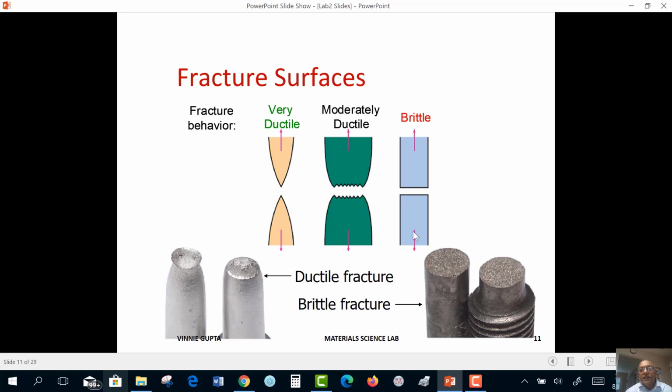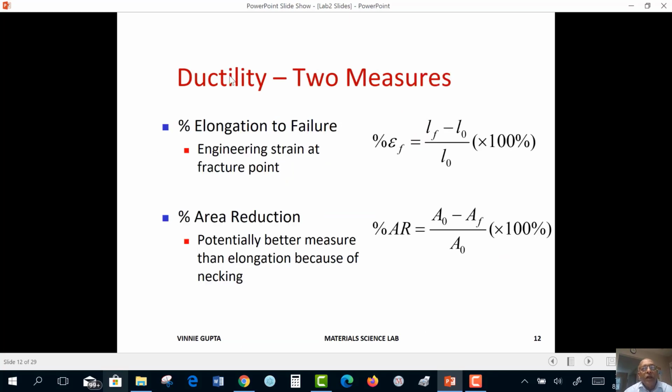On the other hand, if the material is very brittle, the fracture is going to be sudden and at 90 degrees to our tensile axis, and our fracture surface would look something like this. So just from looking at the surface, often we can say whether the material is ductile or brittle or somewhere in between.